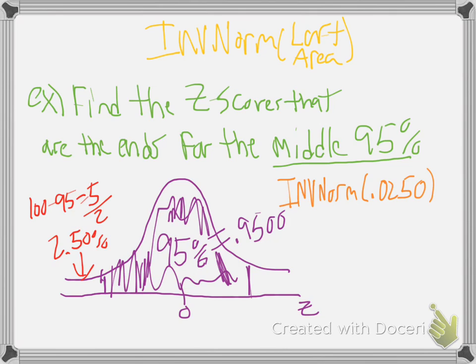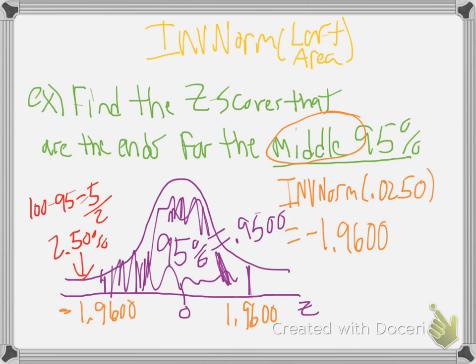Press enter, and if we round to 4 digits, we get negative 1.9600. So we found that this z-score on the left was negative 1.9600. Now if you had to guess what the one on the right would be, it's the same, but positive, 1.9600, because these are symmetric ends of the middle 95%. That's the keyword there, middle. So when you get the left one, you know the right one is just the positive version of that.